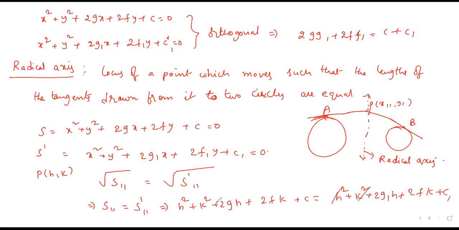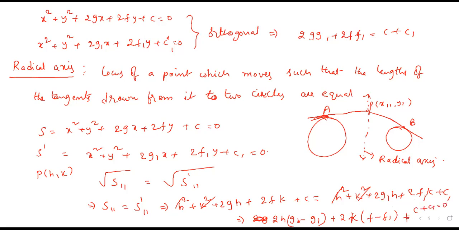The h square and k square cancel. Taking the terms to the left side, you get 2h into (g minus g1) plus 2k into (f minus f1) plus (c minus c1) equals 0.